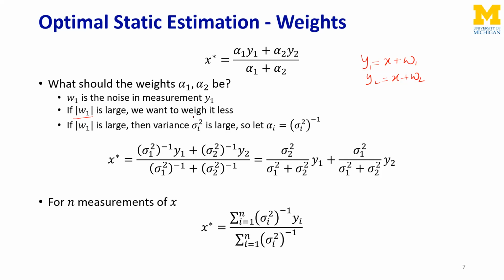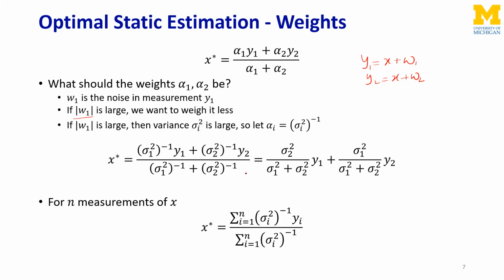Now, how can we capture that numerically? So if the magnitude of the noise in the first sensor is large, then the variance of that sensor is large. So we can set alpha as the inverse of that variance. So variance is the square of the standard deviation, sigma. So we can just set alpha to be inverse of sigma squared, and that would give us the best estimate by this equation.